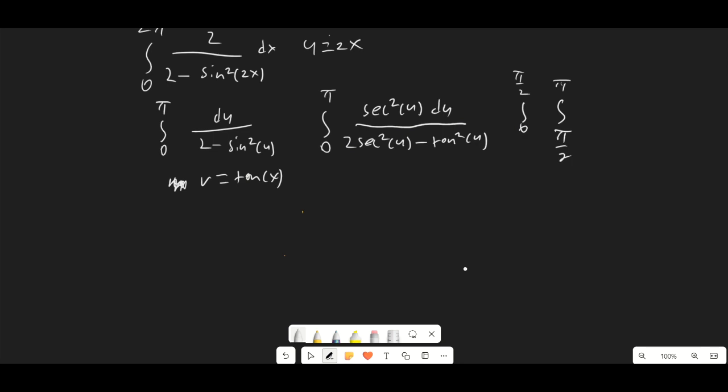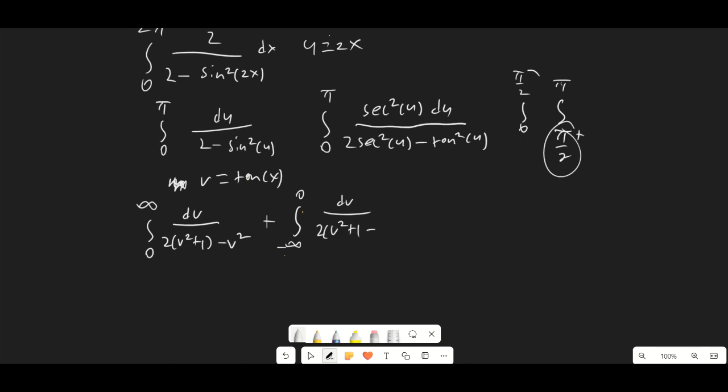So after v equals tangent u, we're going to get integral from 0 to infinity of dv over 2 v squared plus 1 minus v squared, plus the integral from pi over 2 to pi. So at pi over 2, we're looking at pi over 2 minus and pi over 2 plus here. So we're going to be going from negative infinity to 0 of dv over 2 v squared plus 1 minus v squared. That's not very fun.